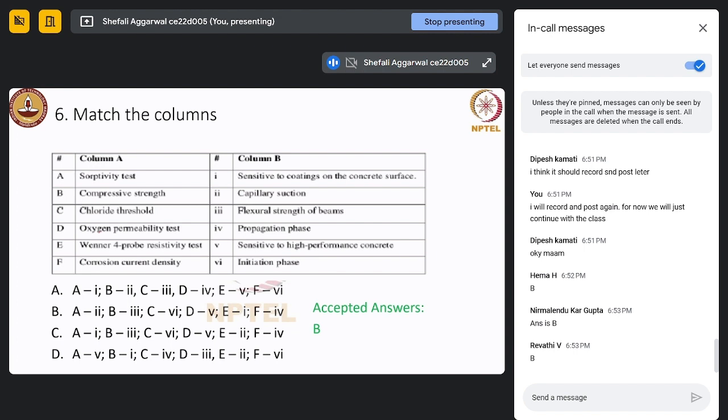Sorptivity test is related to capillary suction, and compressive strength is related to flexure strength of the beam. You know the criteria in flexure and compressive strength. How much should it be? Compressive strength of concrete, madam.